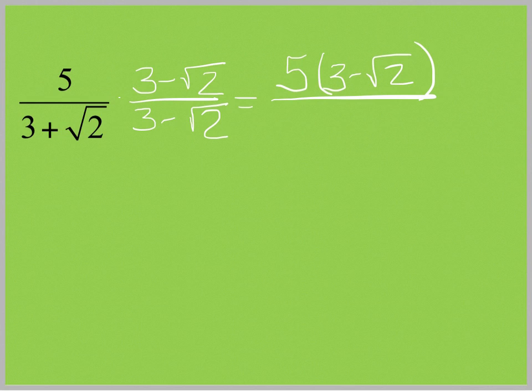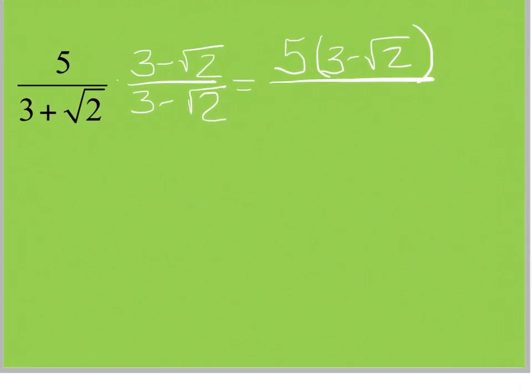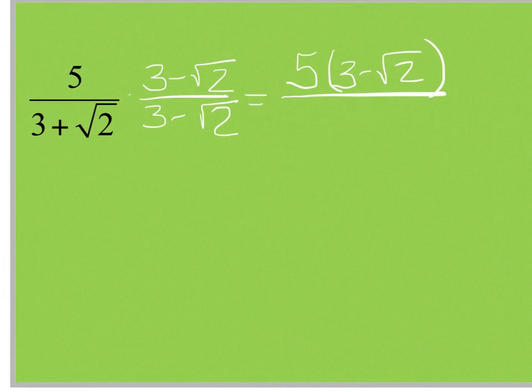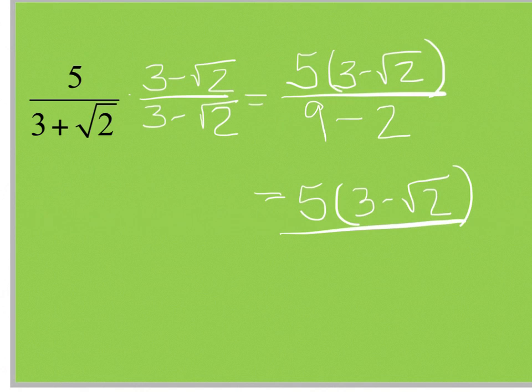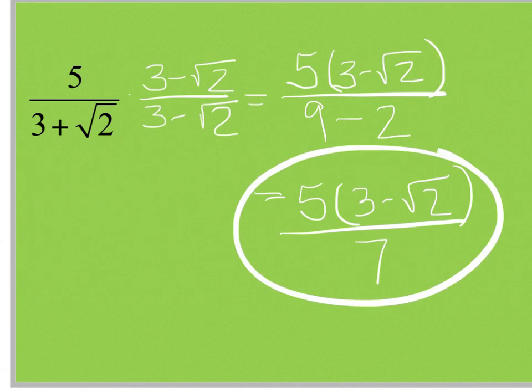On the bottom, remember, my middle term is going to cancel, so you just multiply the first two terms together to give you 9. You multiply your last two terms together to give you minus 2. So if I go ahead and simplify that, you can't do anything to the top, and you're just going to have 7 on the bottom. So that's our final answer.